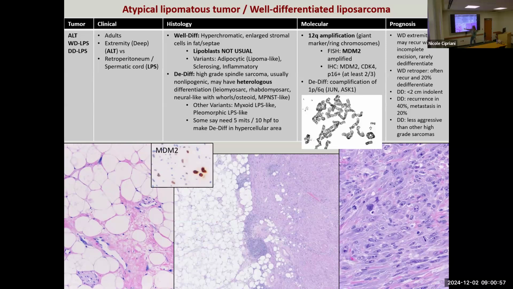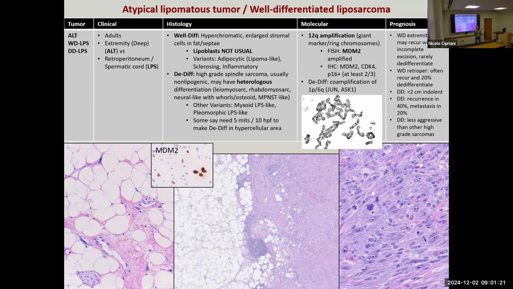They all have hyperchromatic and large angulated cells within fat. They sometimes have variants that are highly sclerosing, so you might not see any fat. They also have variants that are inflammatory, so you might see a ton of associated inflammation, but you will always see the enlarged, dark, angulated, pointy, ugly looking stromal cells, whether or not you see fat.